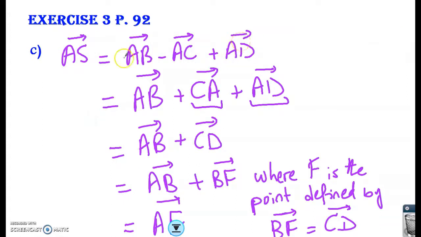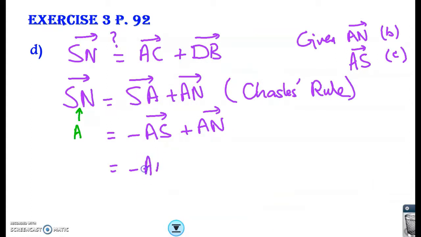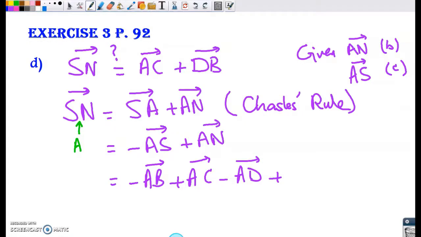So I will multiply by minus, so we get minus AB plus AC minus AD. And An, if you go back to the previous part, part B, is AB plus AC minus BC.